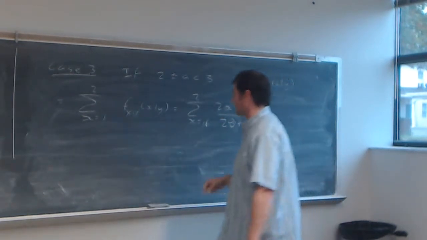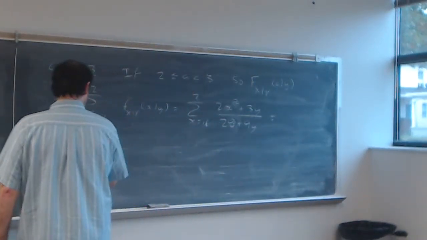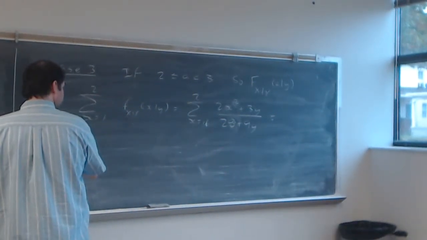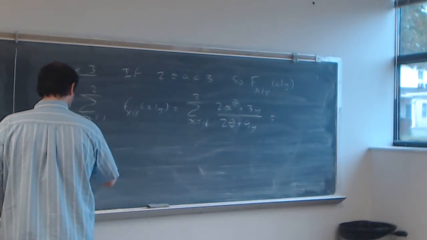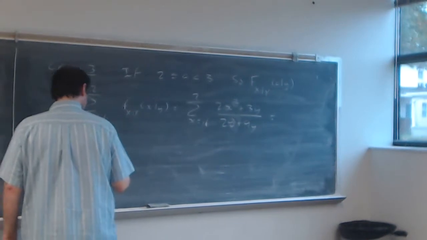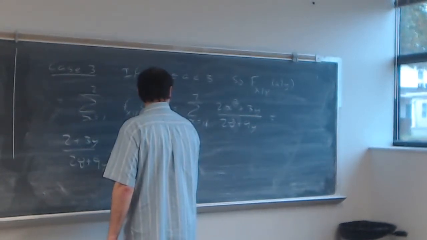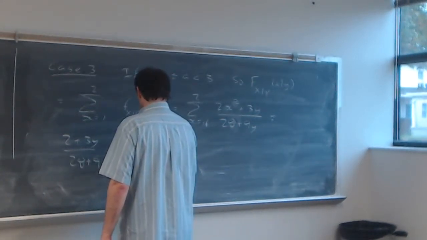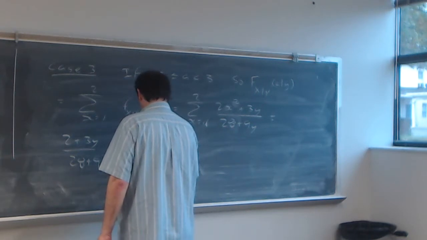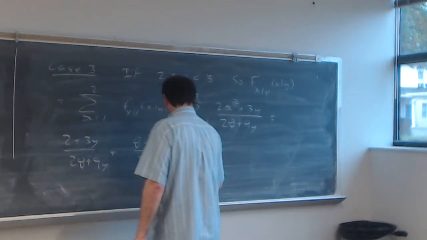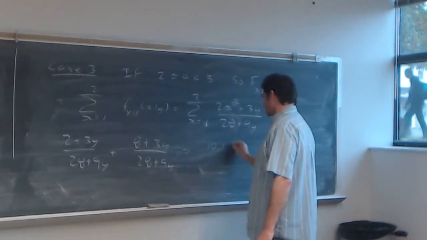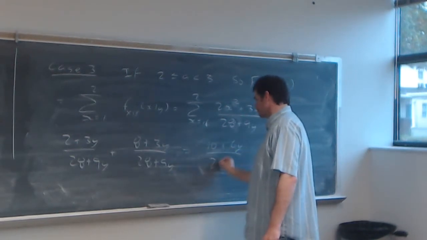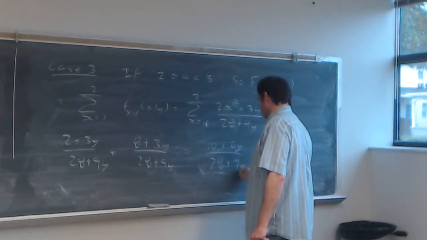As x runs from 1 to 2, what we get is 2 times 1 squared, that's 2, plus 3y over 28 plus 9y. Plus, when x is 2, we get 4 times 2, that's 8, plus 3y over 28 plus 9y. Simplifying, that's 10 plus 6y over 28 plus 9y.